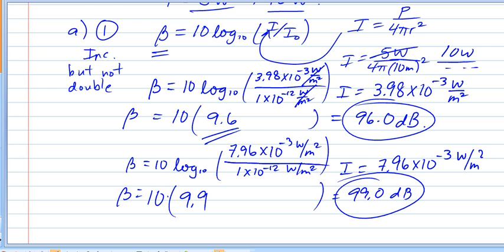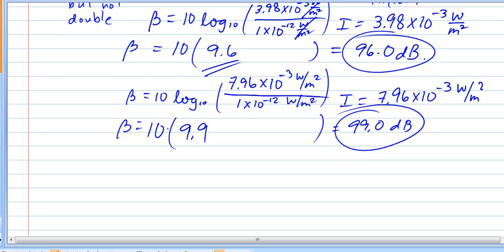Now, in a previous video, I talked about some earplugs that I had that decreased the loudness by 32 decibels. And so the question was, well, how much intensity is that? Okay, well, the way that we could set this up is that 32 decibels is the difference between the loudness without the earplugs and the loudness with the earplugs.